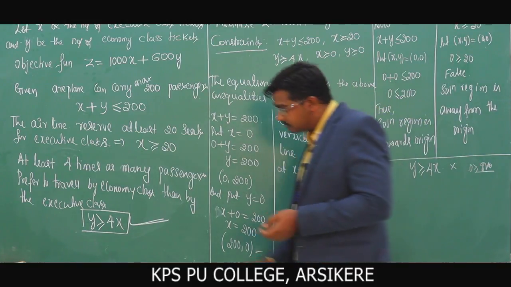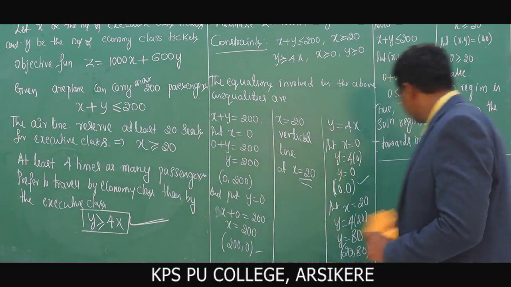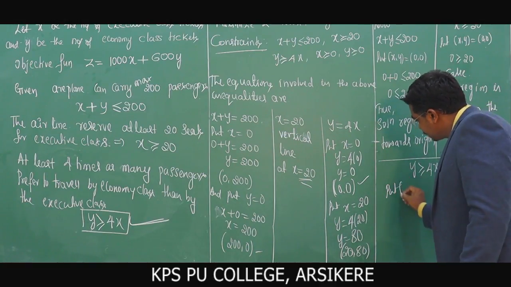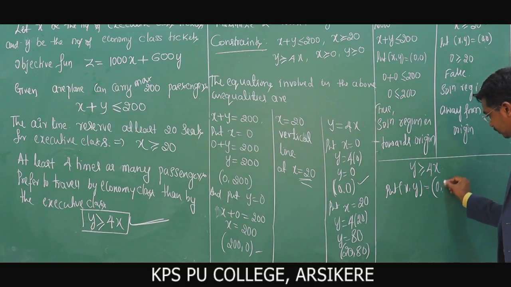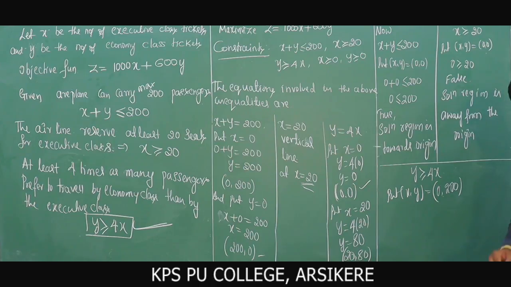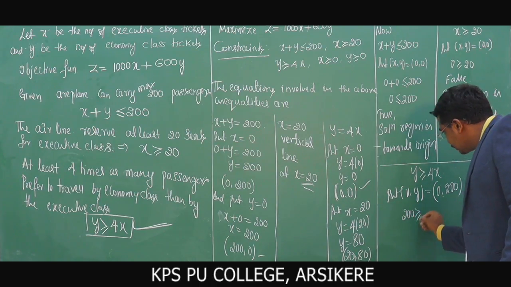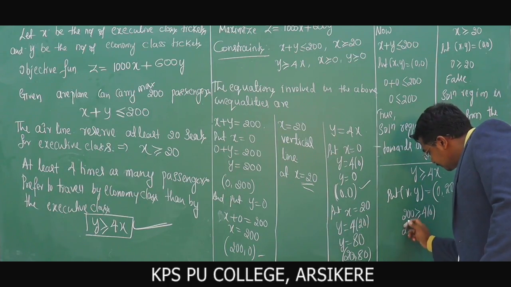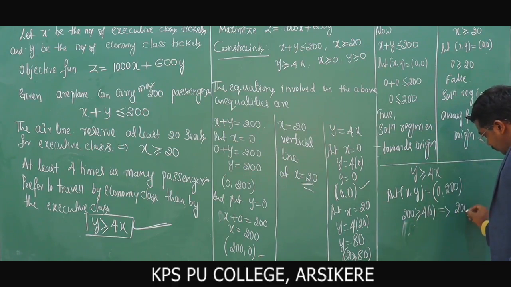Okay. So you can take any point, but I will take the point on the y axis. Put x comma y is equal to 0 comma 200. So y is 200 greater than equal to 4 into 0, which implies 200 greater than equal to 0.